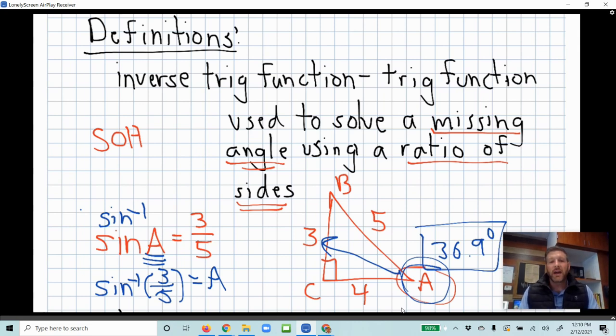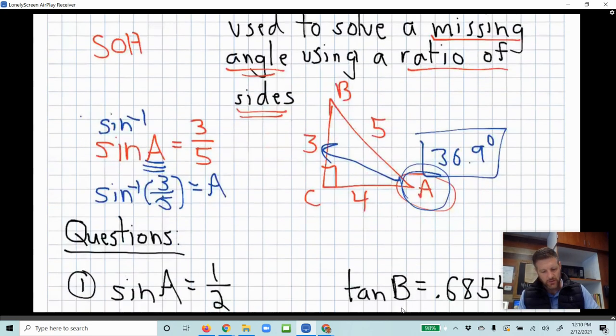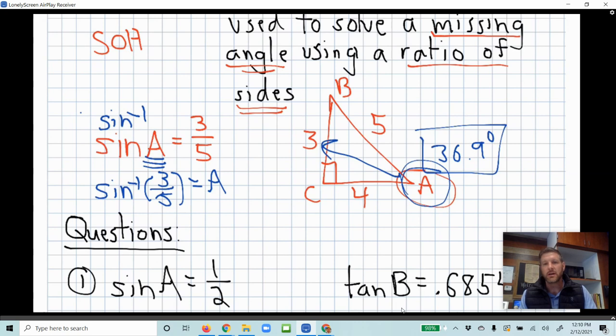Okay, it will allow you to find the missing degrees. Another way to think about inverse trig ratios is like it's the opposite function. When you add, the opposite of adding is subtracting. How do you undo addition? You subtract. How do you undo multiplication? You divide. How do you undo squaring? You square root. So how do you undo sine? You use inverse sine.